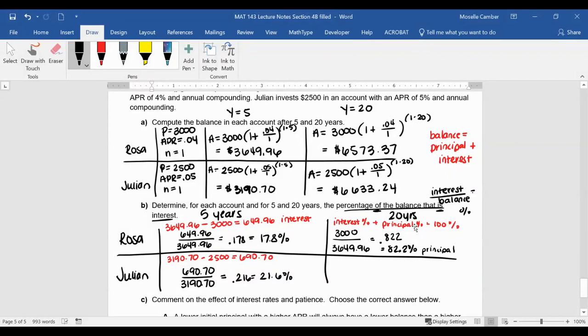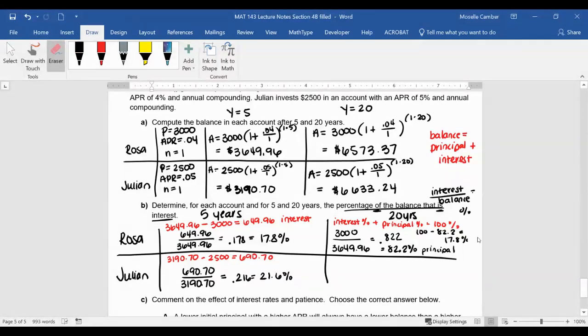So to get the interest, I'm going to take 100% minus my 82.2, and I get my 17.8%. Oh, you know what? That's what it would be if it was for 5 years. But of course, we're trying to find our 20 years.